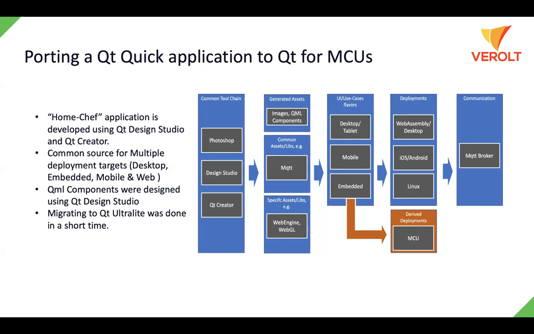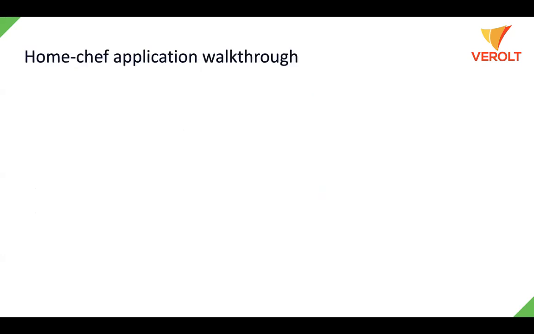So there was a difference, and we needed to implement certain changes in our QML code, which is what we are going to explain today. Embedded was a derived deployment, not exactly part of the unified architecture, but a derived implementation. So I'll go to the next screen.